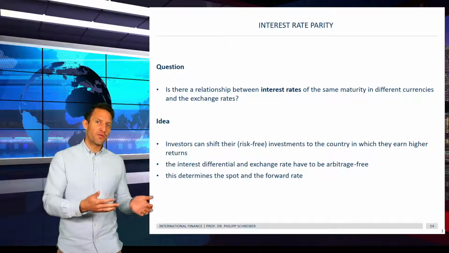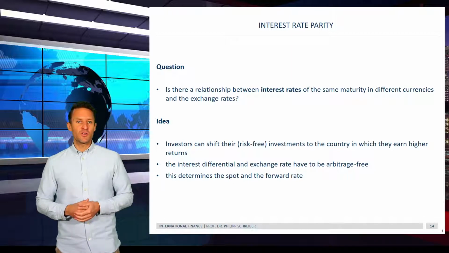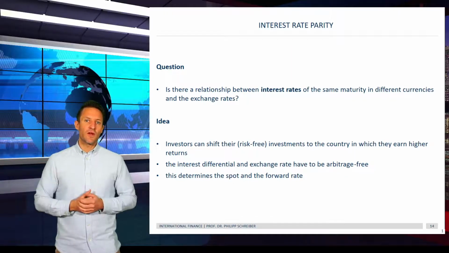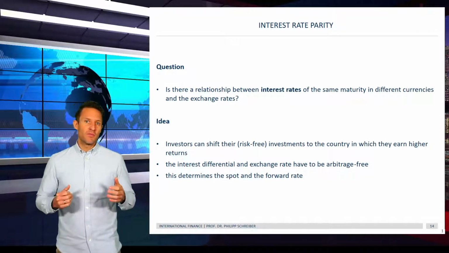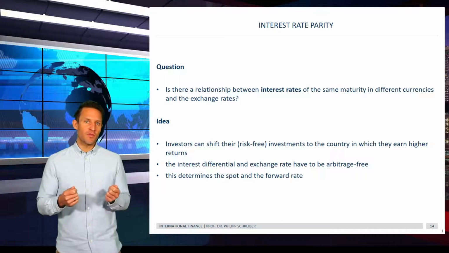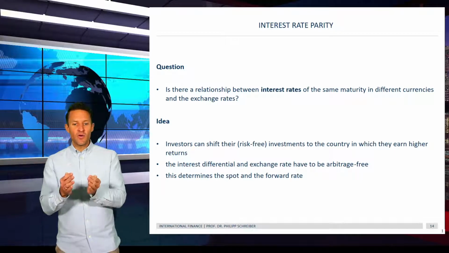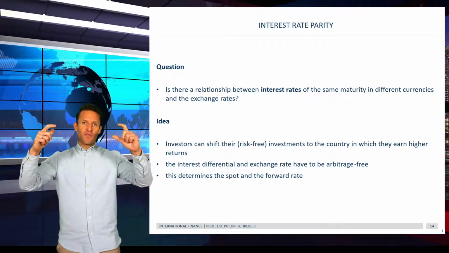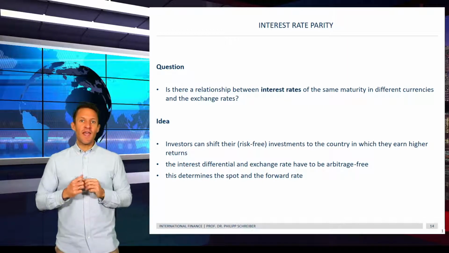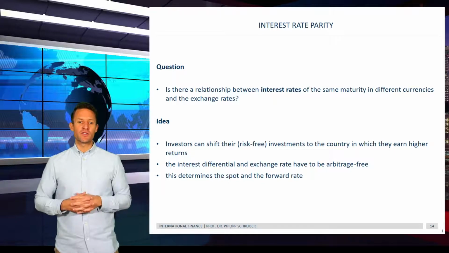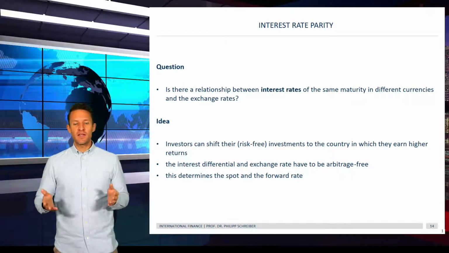It costs 5% interest. What does it cost to borrow, I don't know, 10,000 US dollars at your local bank in New York? Maybe 3%. So the price of money is the interest rate. And the question is, do the local prices of money have an influence on the exchange rate between two currencies? And the idea is the following.